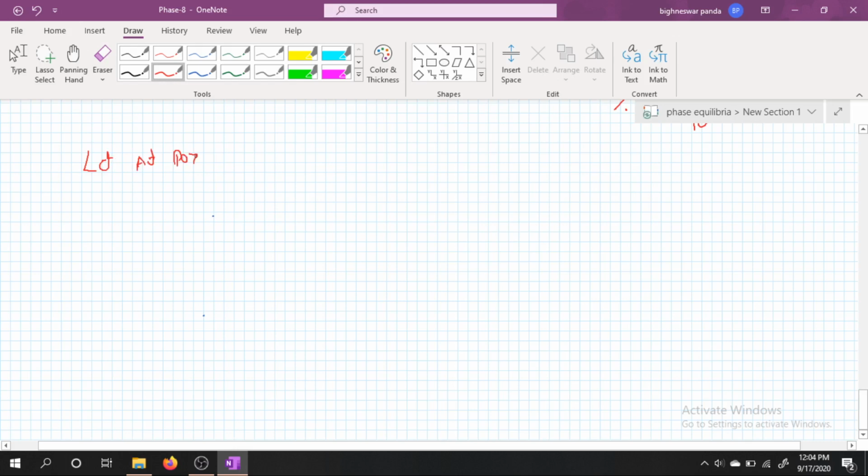Let us consider point D, where not only A solidifies but B also solidifies.